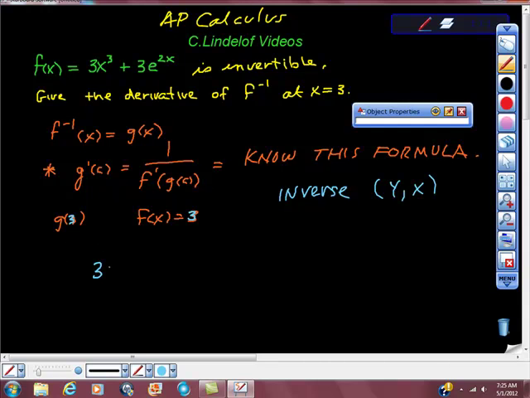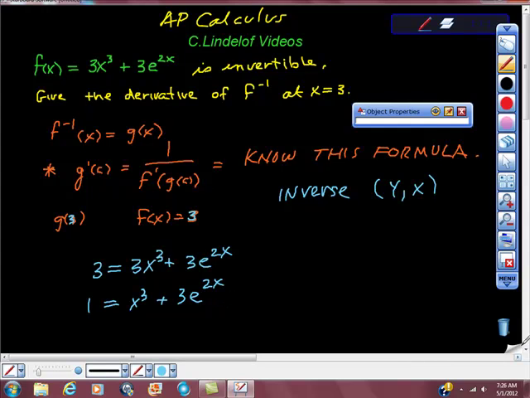So I'm going to say, when is 3 equal to 3x cubed plus 3e to the 2x? Divide the whole thing by 3, right? And get 1 is equal to x cubed plus e to the 2x.